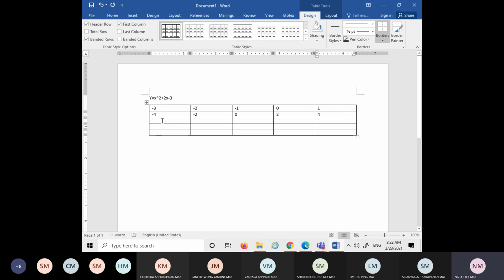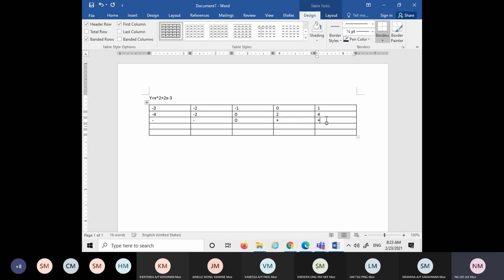Then look at the sign of dy/dx. This is negative, this is negative, this is 0, and this is positive, and this is positive. Then sketch of the tangent.